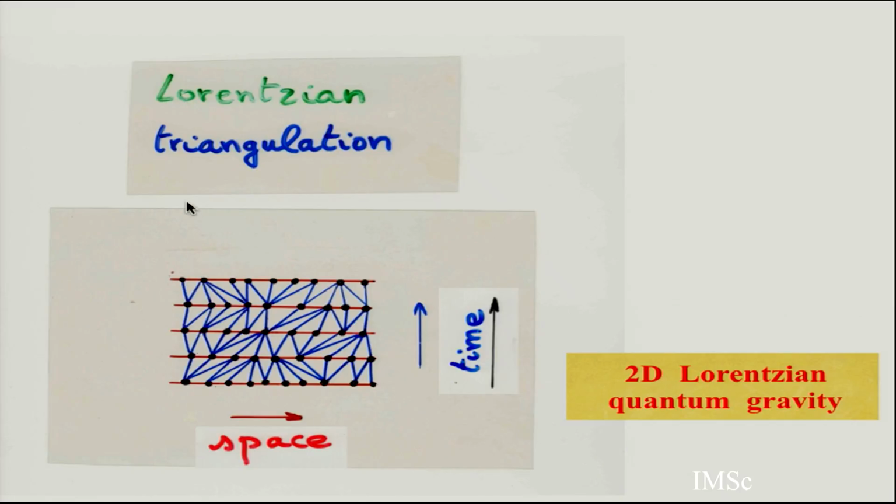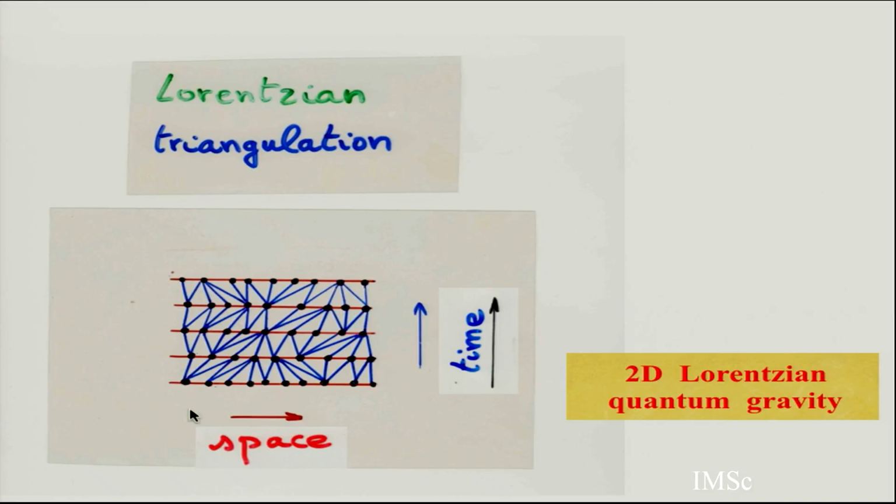So this is a Lorentzian triangulation. This is the combinatorial object you have to study. You see, you have a sequence of strips. Each red line is a constant time: time 0, time 1, time 2, time 3. In each strip, there is a sequence of triangles, which are either down or up.